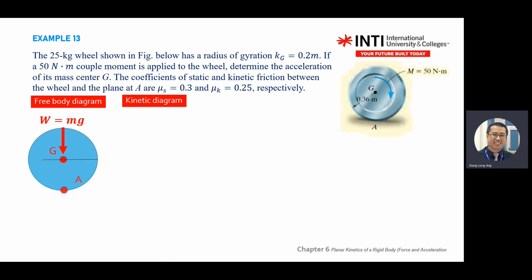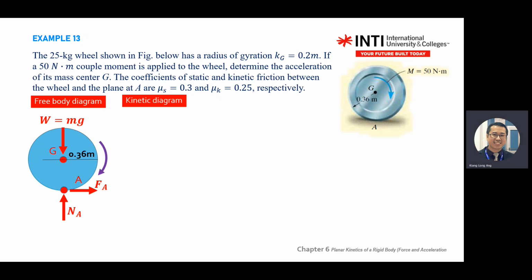Okay, so then you focus on point A, because the question asks you the acceleration of the mass at the center G, and then there's a contact point A there. Every time there's a contact point, there is always a normal force.